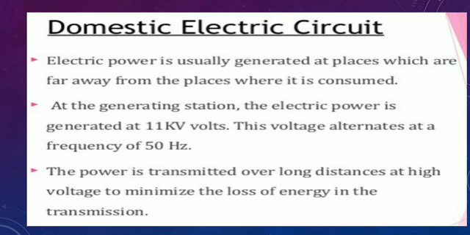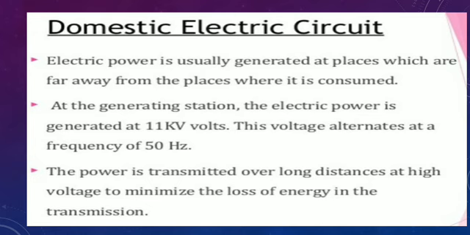The power is transmitted over long distances at high voltage to minimize the loss of energy in the transmission. Here we are transmitting the power at high voltages to reduce the loss of energy. The loss is nothing but heat.